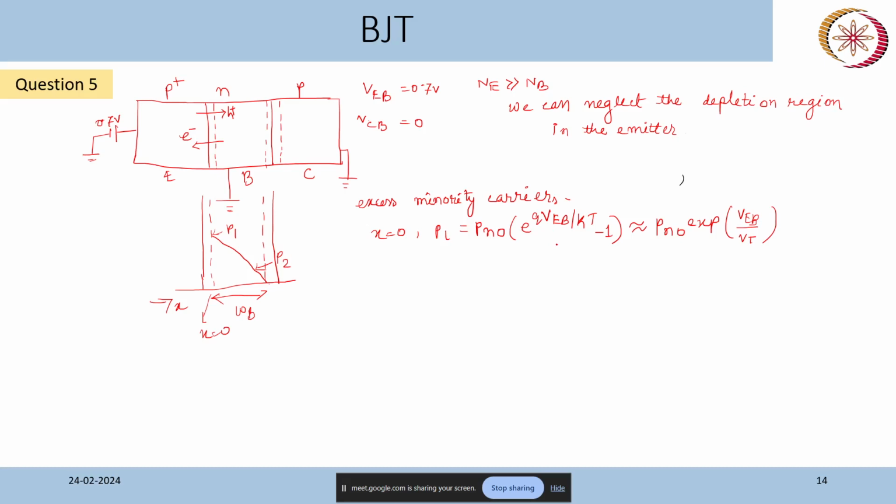So the excess carrier depends exponentially on the applied voltage, and it also depends on the minority carriers already present in the base region. Similarly P2 will be pn0, which is 0.